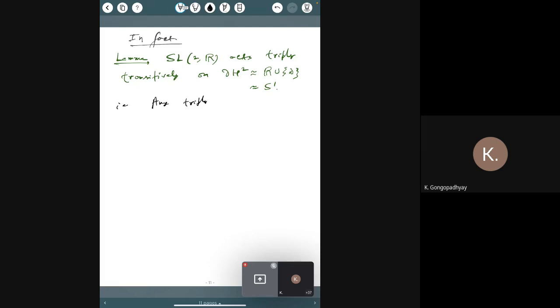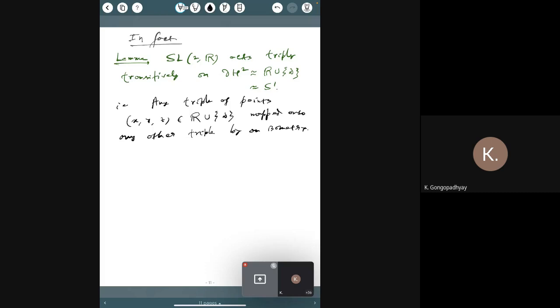That means any triple of points x, y, z can be mapped onto any other triple by an isometry.